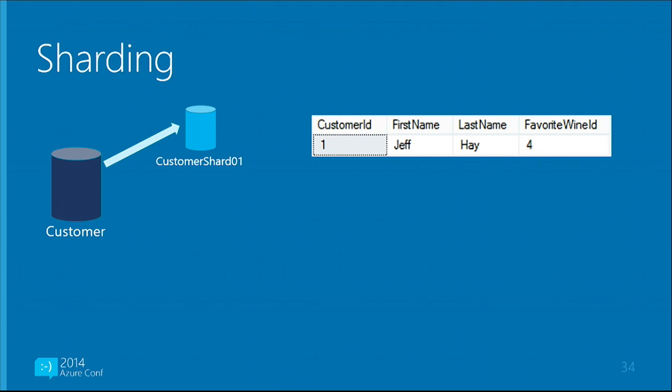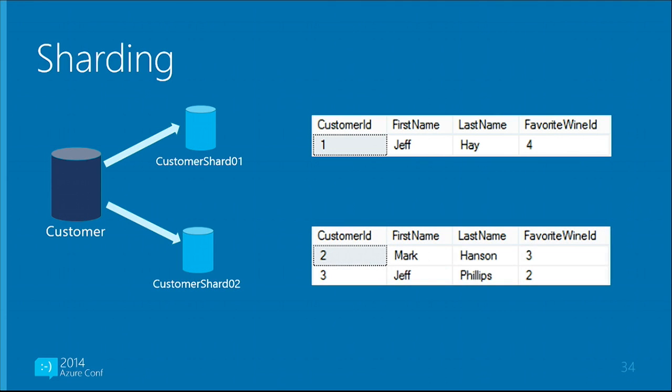You would likely put lots and lots of records in this database, but in our example, we're going to simplify it and just put 1 of our customers in shard 1. So we have a logical customer database that has multiple shards, and here are the physical databases behind that: customer shard 1, and then customer shard 02. And we're going to put the other 2 customer records in that database.